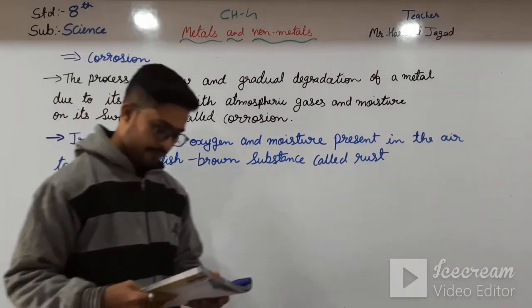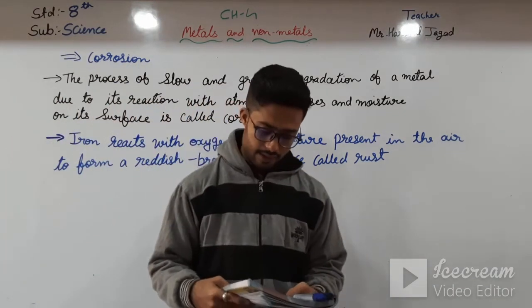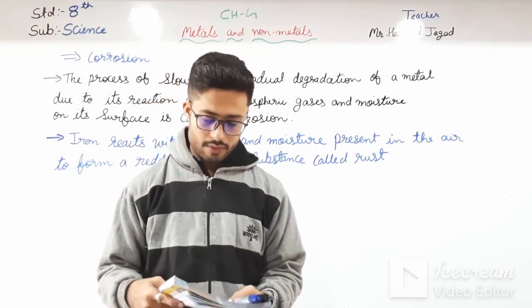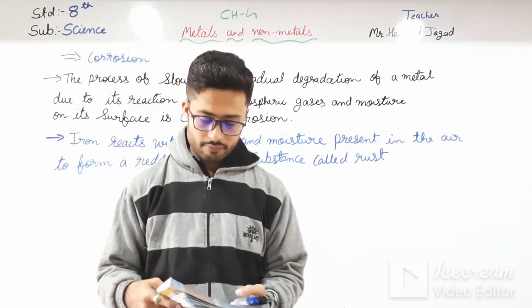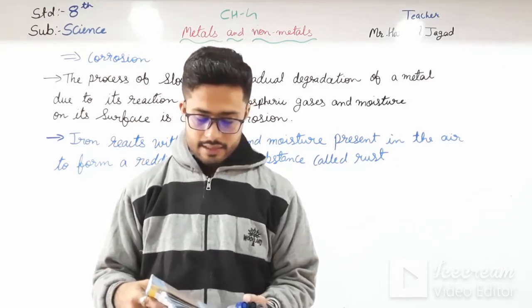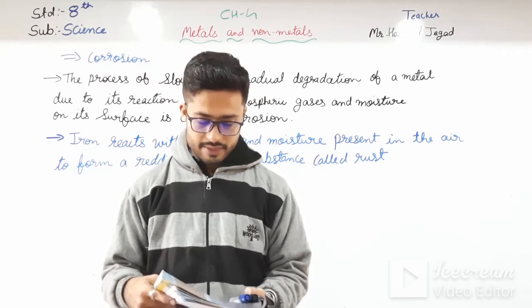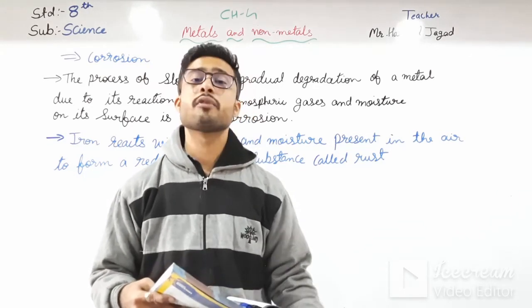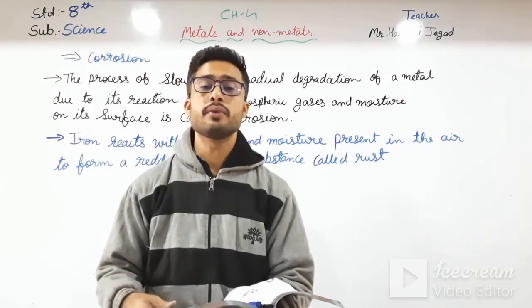Rust cannot stick to the iron object and keeps on peeling. This exposes the fresh metal for further rusting. In due course of time, iron objects become weak. Okay, so iron objects will become weak due to this.